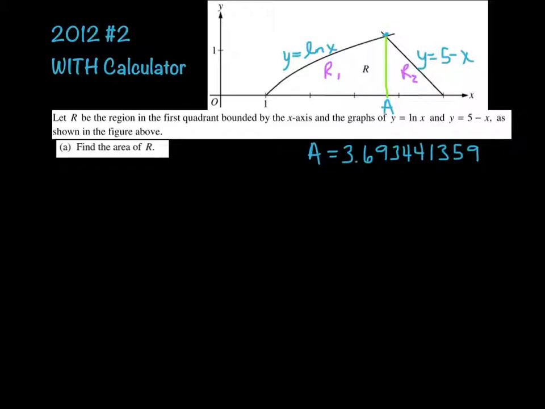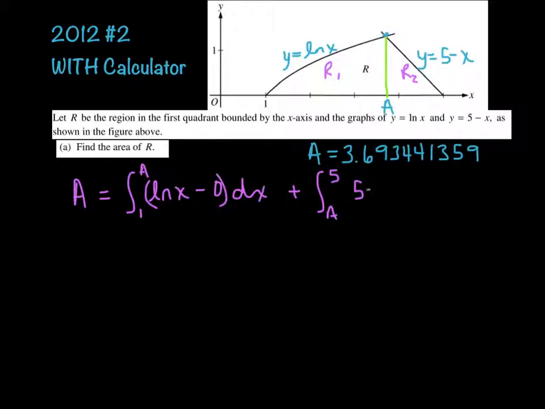All right, so now, like I said, we're going to break this up into the sum of these two different regions. So I'm going to say the area of all of region R is equal to, first, region 1. So the integral from 1 to A of upper minus lower, which would be natural log of x minus 0, quantity dx, plus the integral from, now I'm going from A until 5, so from A till 5 of the line 5 minus x, again minus 0, dx.